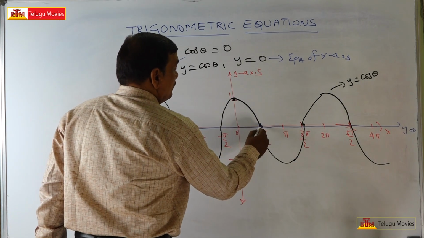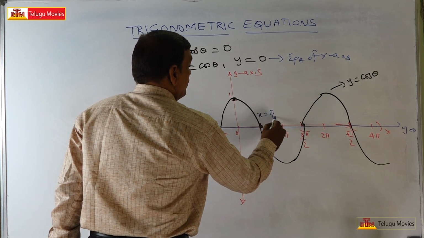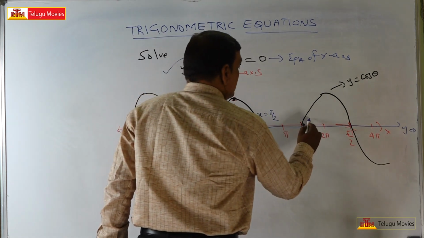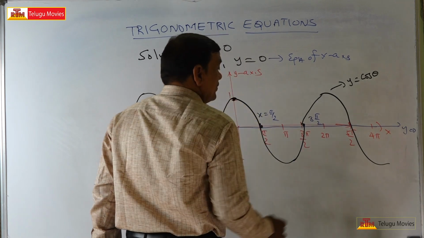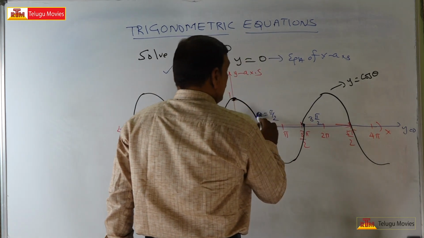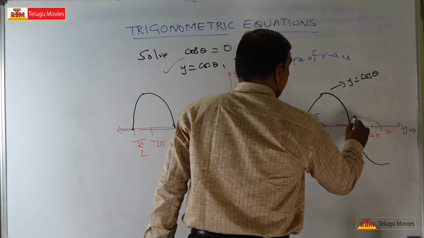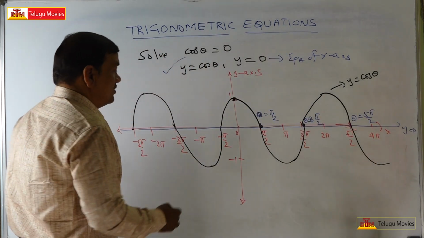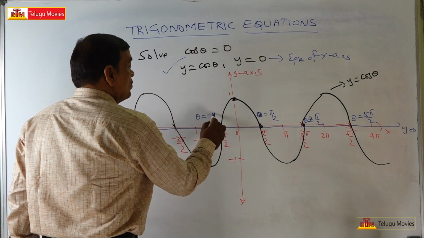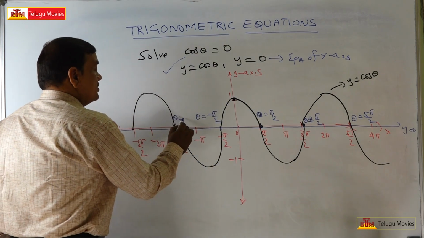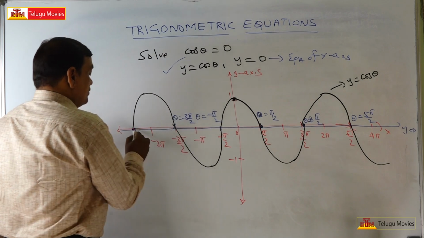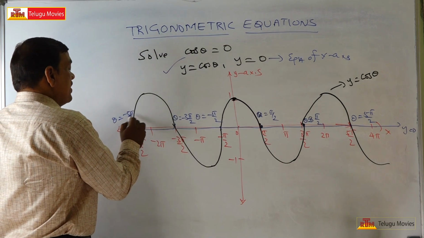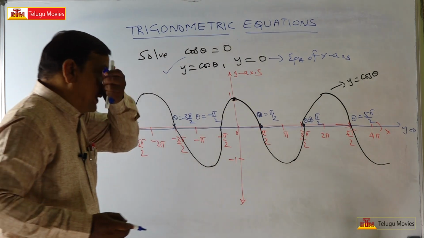So here if you observe, theta is equal to pi by 2, theta is equal to 3 pi by 2, theta is equal to 5 pi by 2. Coming to the negative direction, theta is equal to minus pi by 2, theta is equal to minus 3 pi by 2. So what do you observe? Let us check it.